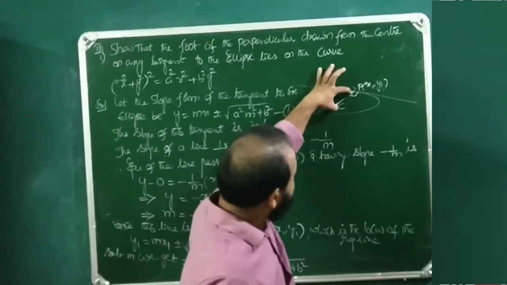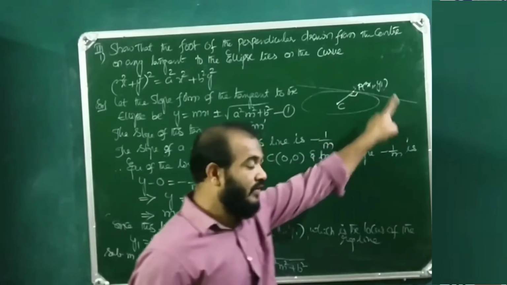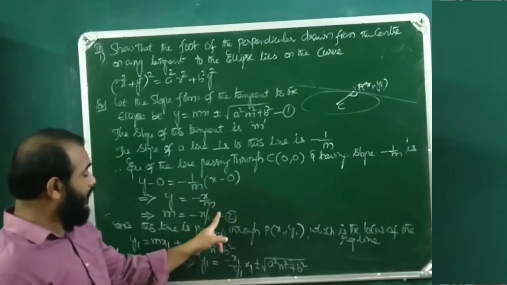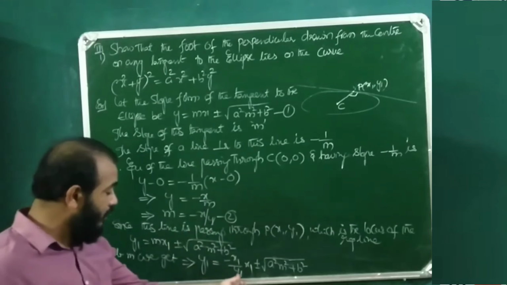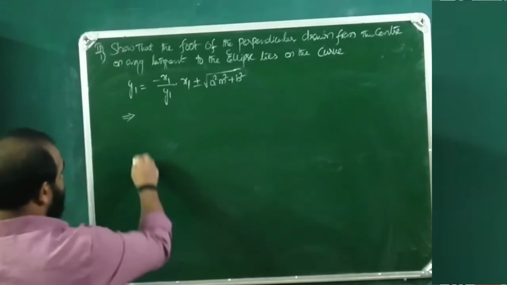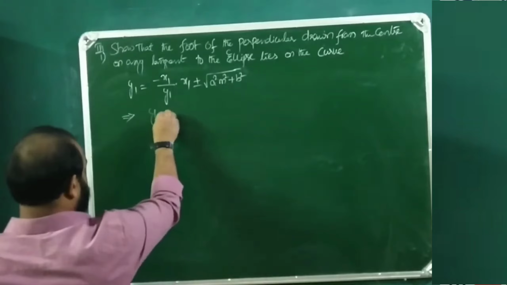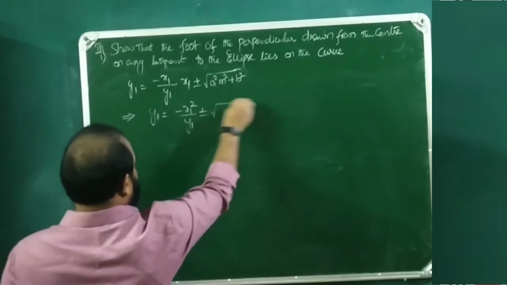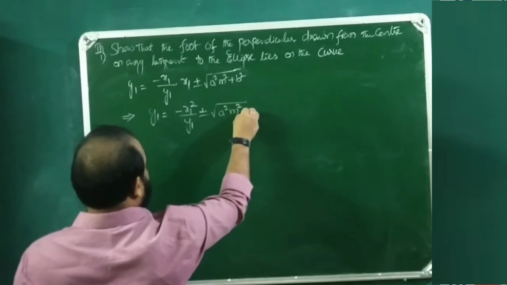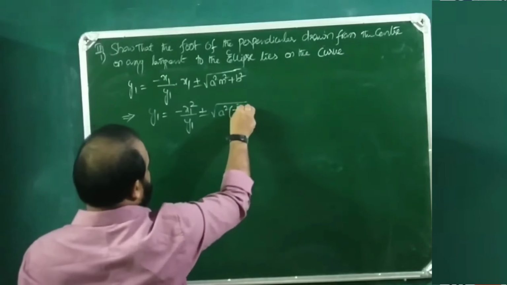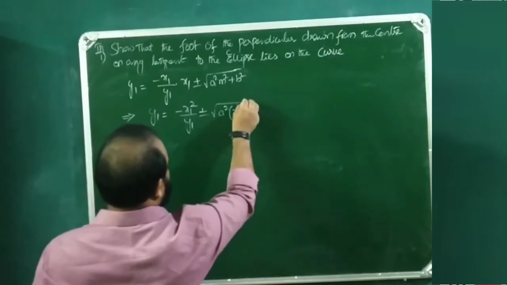Because this line is also passing through P x1 y1, therefore m equals minus x1 by y1, which we have written here. So y1 equals minus x1 square by y1 plus or minus square root of a square m square plus b square, where m is minus x1 by y1.